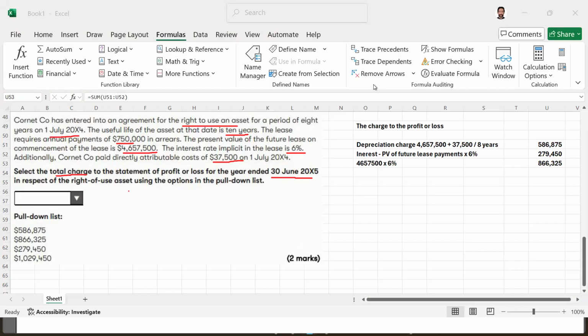So they're not talking about only the charge related to the asset. They are talking about the total charge. The right of use asset is only there because of the lease liability. So the total charge will be your depreciation and your interest related to the lease.